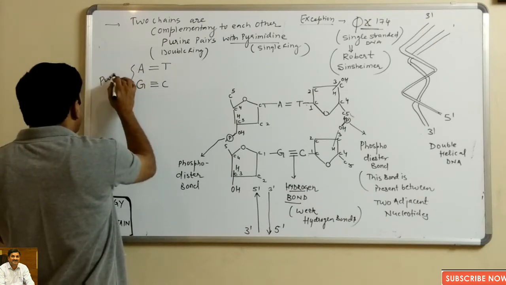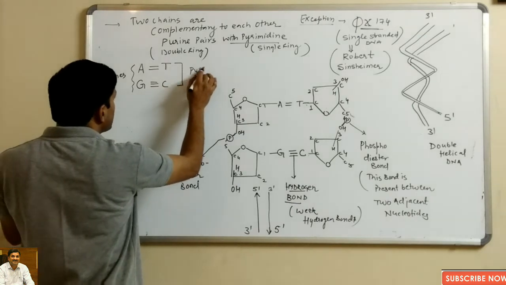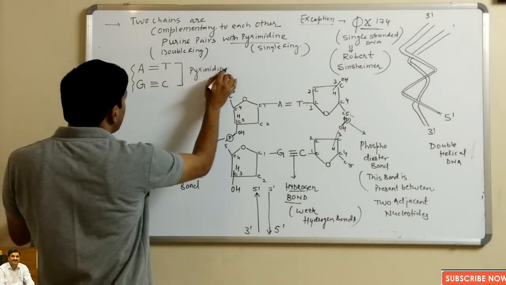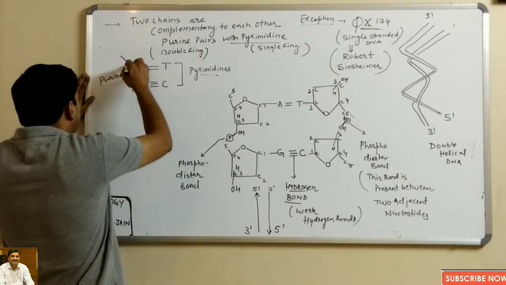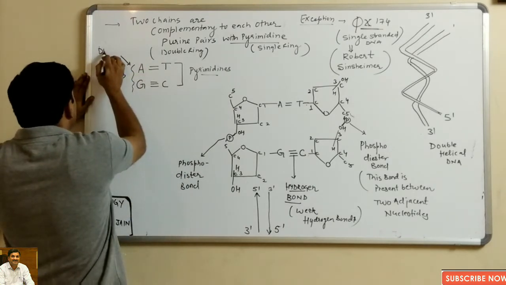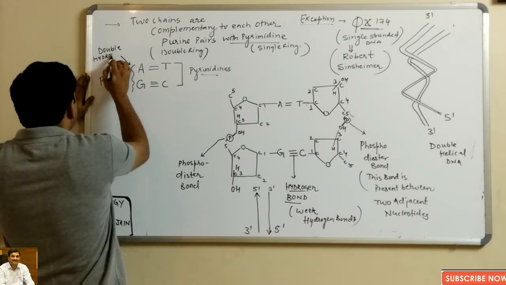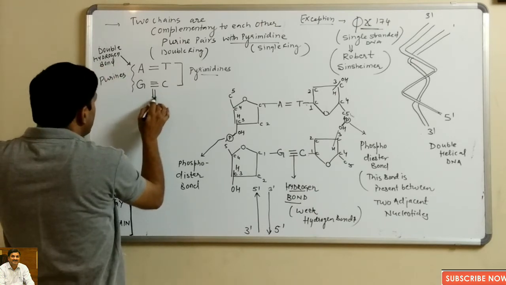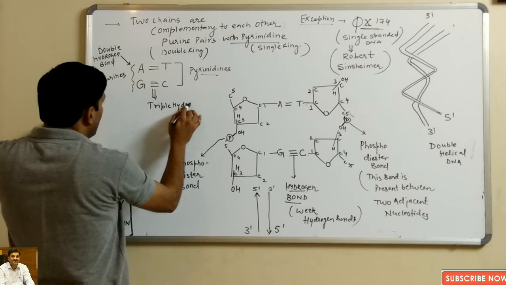A and G are purines, and what about T and C? They are pyrimidines, right? So always a purine combines with a pyrimidine, and in between A and T, a double hydrogen bond is present, and between G and C, a triple hydrogen bond is present.